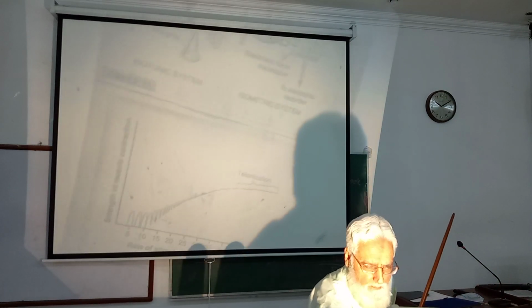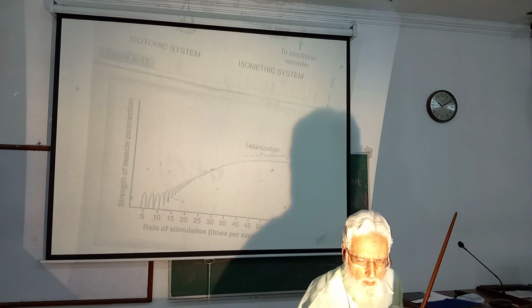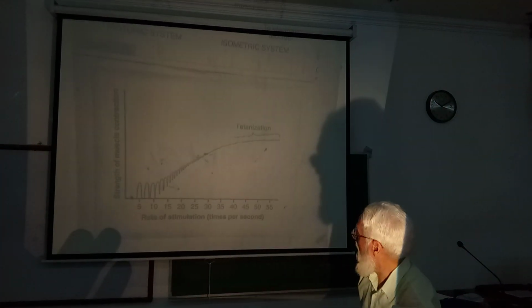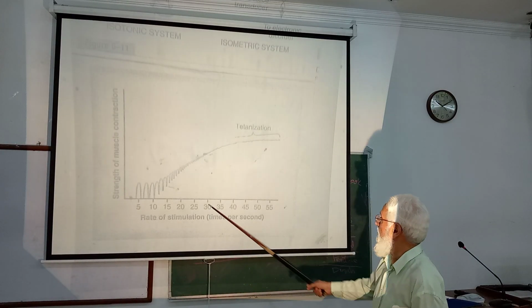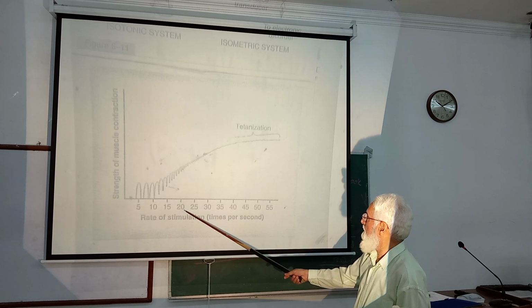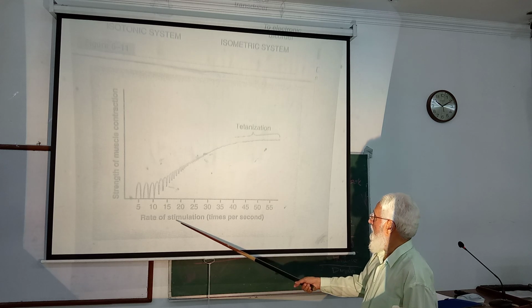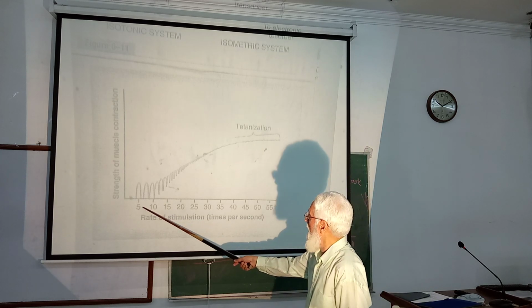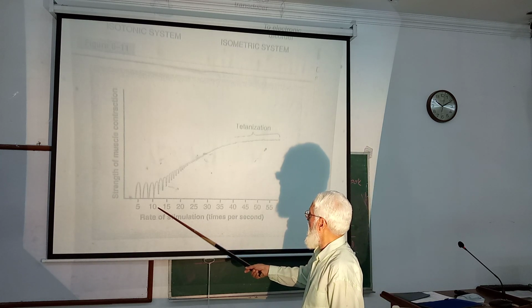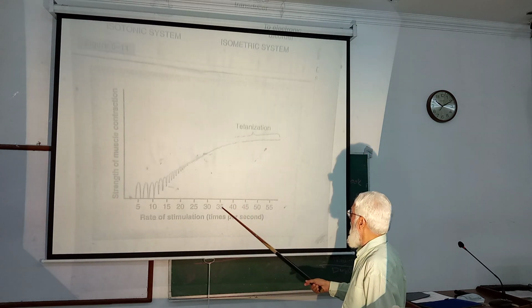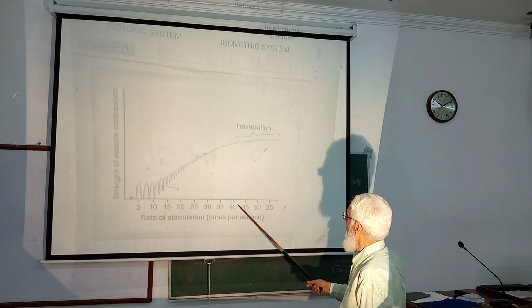You can see here the frequency of stimulation, that is, say, 5 stimuli per second, 10, 15, 20, 25, 35, say 40, 45, right?